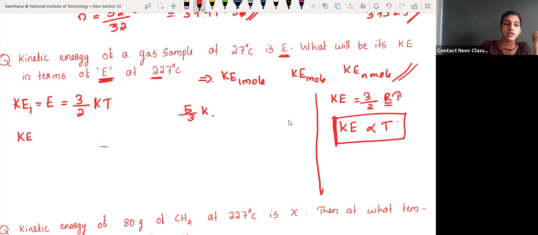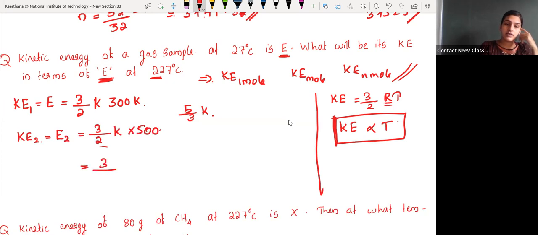And the kinetic energy of 2, at this temperature of 300 Kelvin: E2 is equal to 3/2 K into 500.